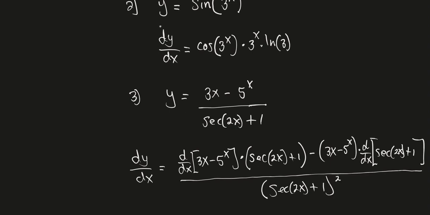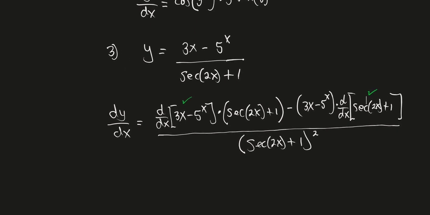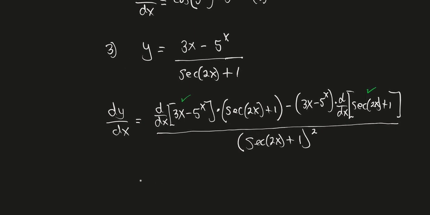All right, so what do we have left to do? Well, we have to evaluate that derivative, and we're going to have a pretty messy expression that, you can try to get clever with the algebra, and it just doesn't simplify nicely. Okay, so let's see what this derivative is. The derivative of 3x is 3, and then minus the derivative of 5 to the x, which is 5 to the x times the natural log of 5.